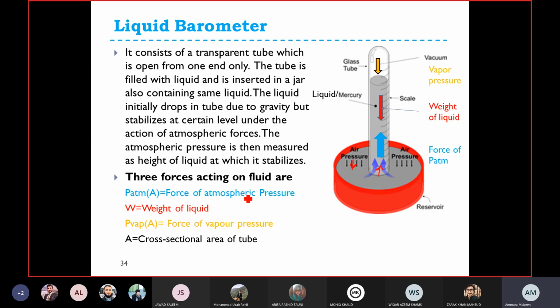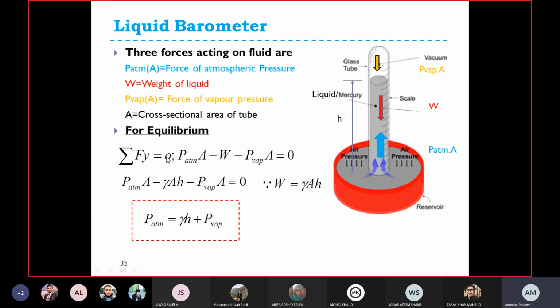So, since this fluid in the tube is stationary, you can apply the laws of equilibrium. To apply the laws of equilibrium, the summation of Fy is equal to 0.